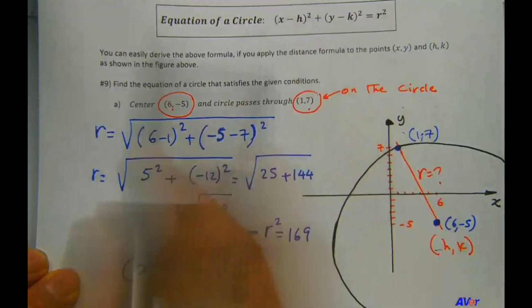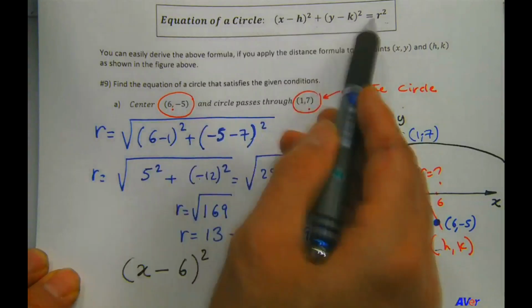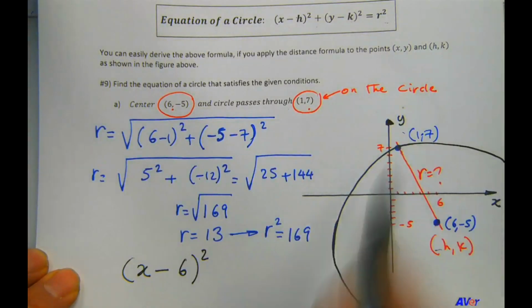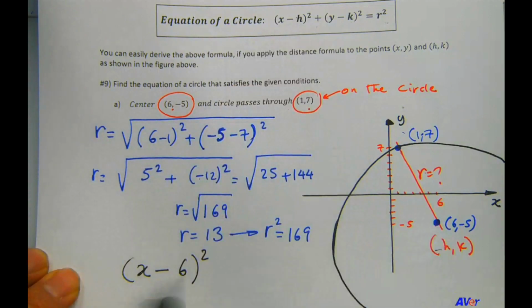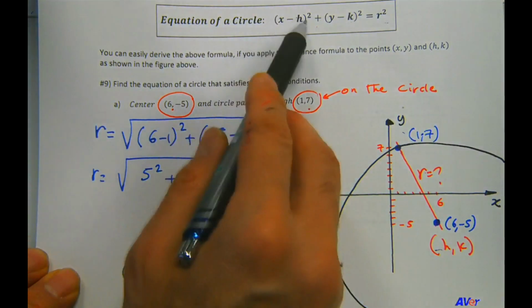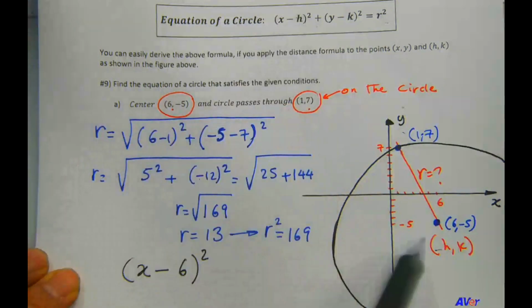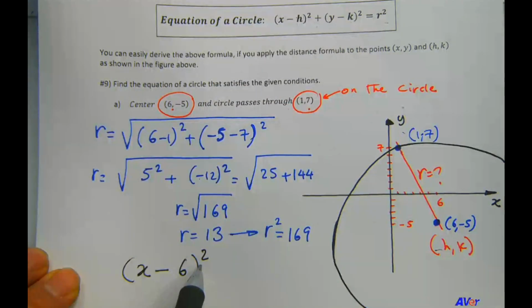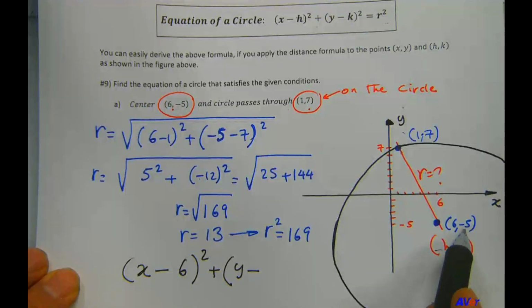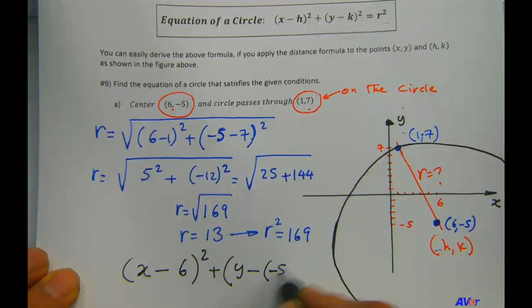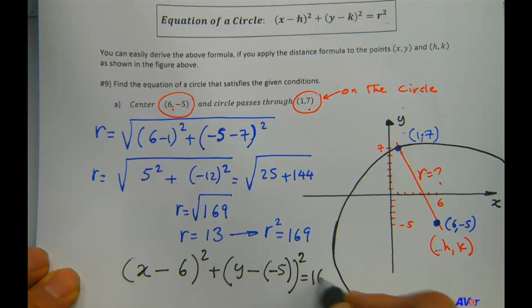Look, there's a connection between this formula and the geometry of a circle. So (x minus h) squared becomes, in our case, (x minus 6) squared plus (y minus k) squared, and y minus k is y minus (-5). So plus (y minus (-5)) squared equals r squared, which is 169.